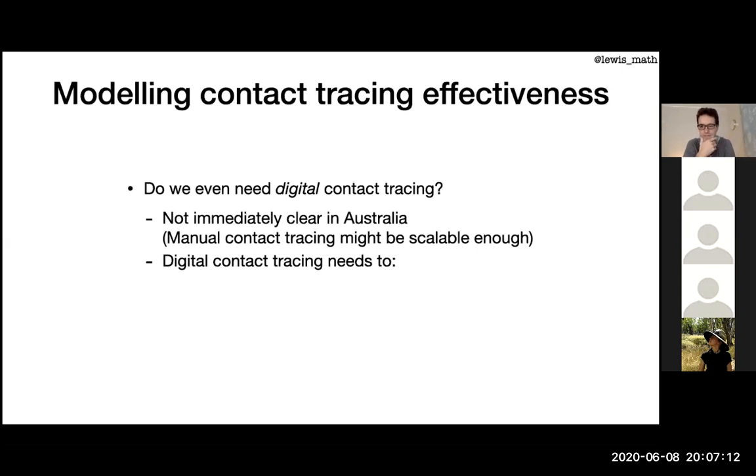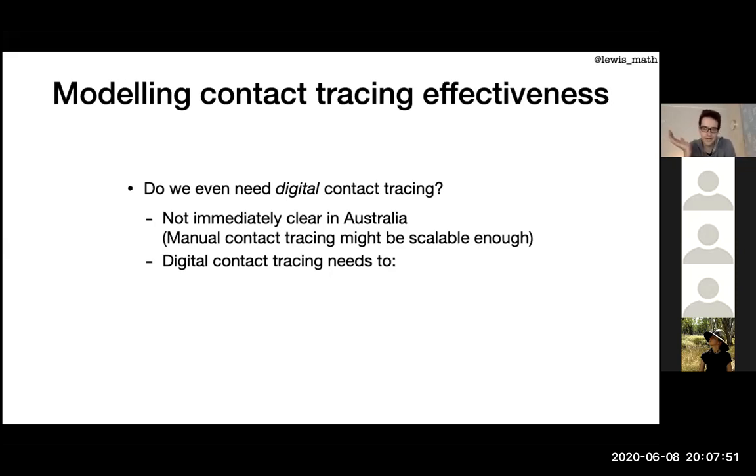It's not immediately clear that we do, to be honest, especially as Australia has done so well with other mitigation measures like social distancing at actually stopping the spread of coronavirus, at least up until now. It's possible that we could get away with just manual contact tracing in Australia, as it's always been done by epidemiologists, particularly when we have high unemployment rates and a workforce that is sitting around looking for work.